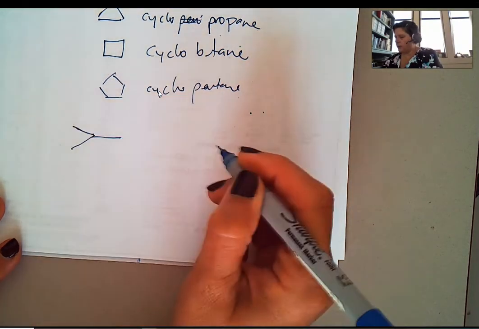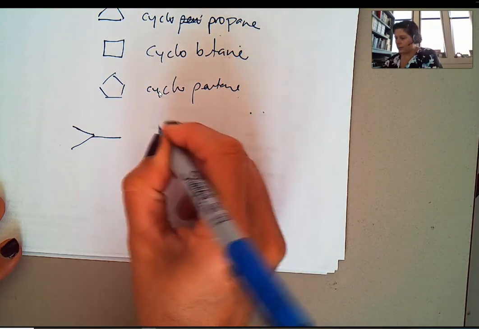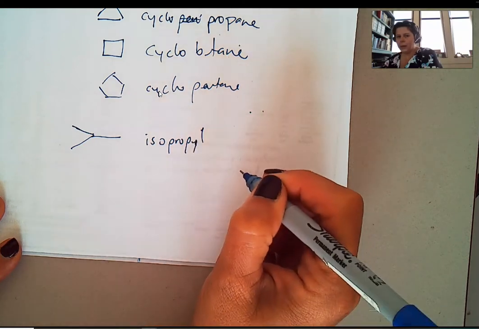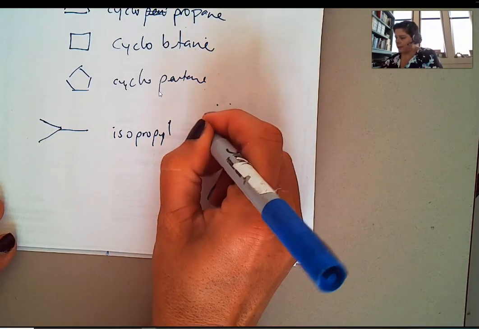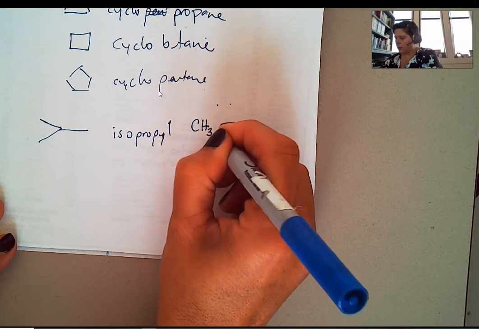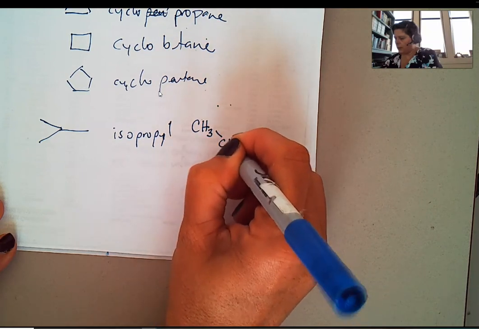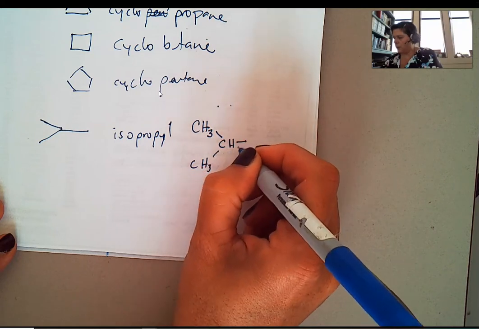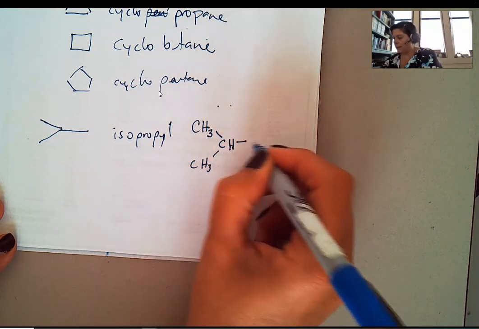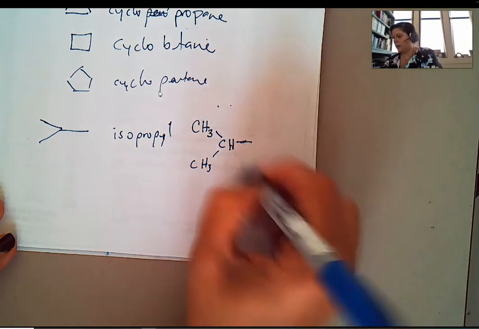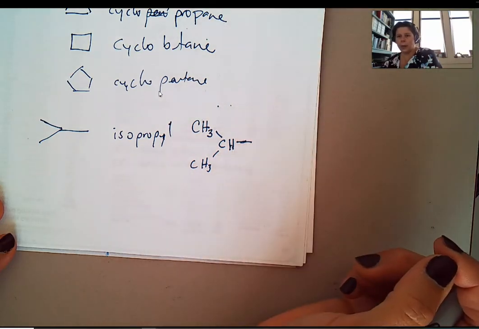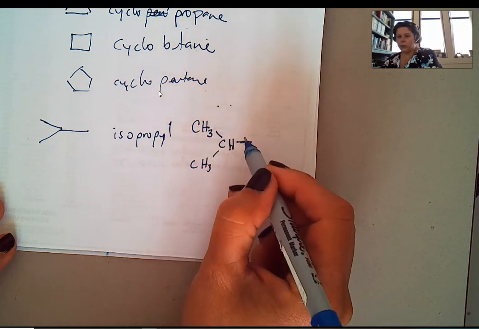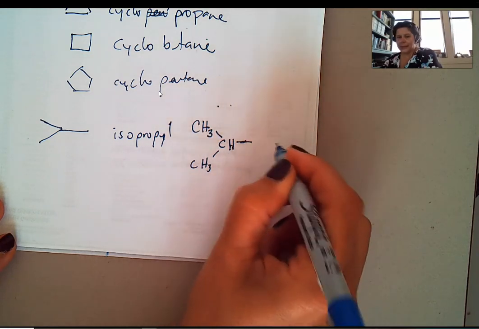When we draw the configuration here, this is isopropyl. You could also draw it like this, CH3, CH3. This has 1, 2, 3, 4 bonds, and now this connects onto whatever compound you want. It forms this little V shape, and then you've got this little functional group here that is connecting on to anything.